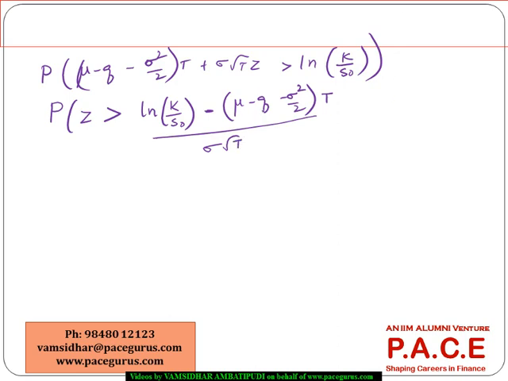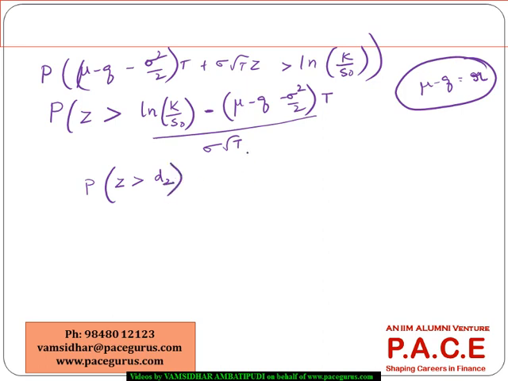If you just imagine now, in case mu minus q is equal to r, it comes out as the probability that Z is greater than log(K/S0) minus (r minus sigma squared by 2) times t, divided by sigma root t, which is nothing but Z greater than d2.